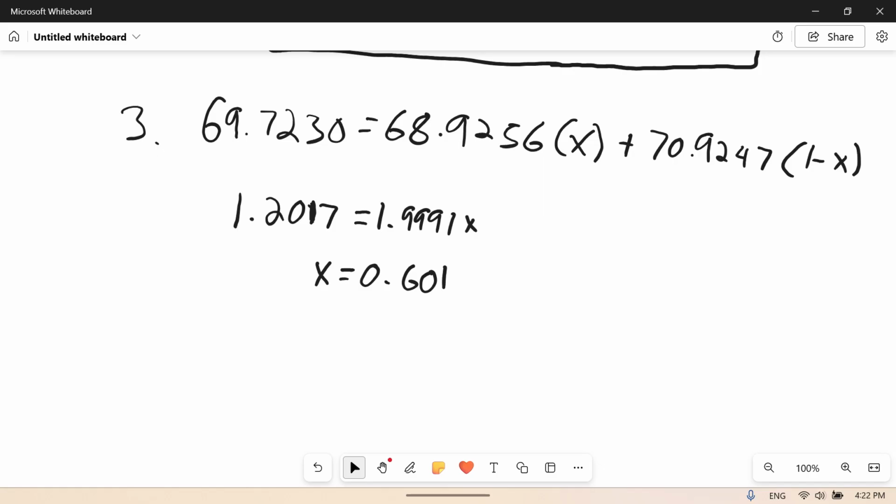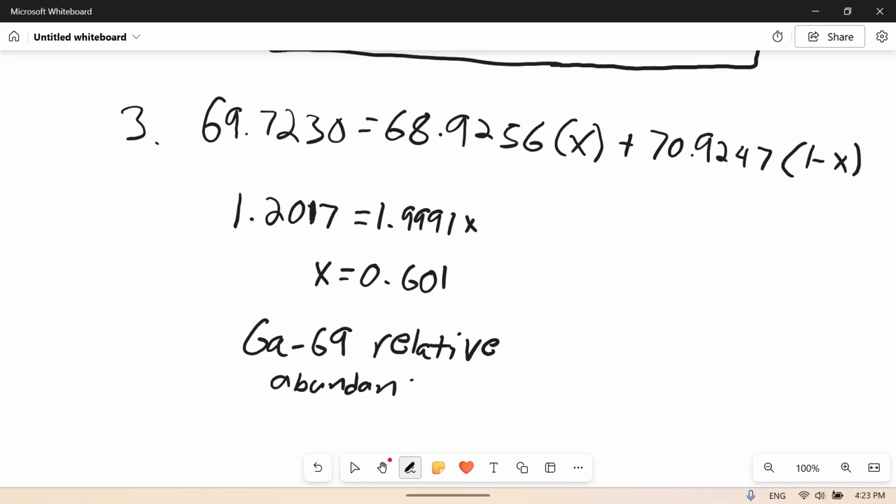And 68.9 refers to gallium-69, so I can say gallium-69 relative abundance is 60.1%. Multiply by 100. And gallium-71, that's what 70.9 represents.